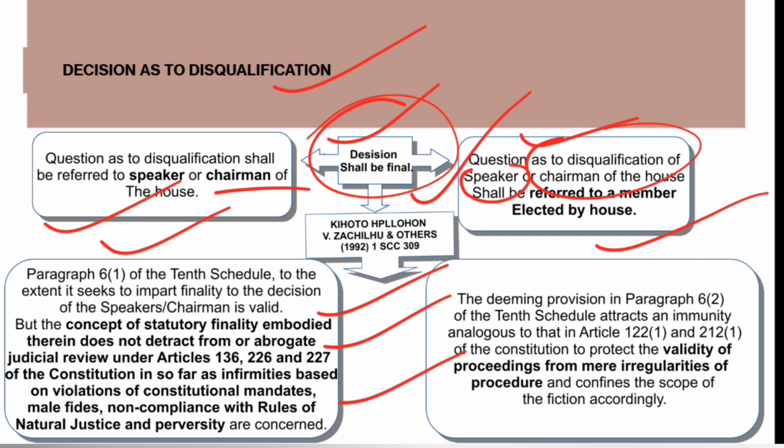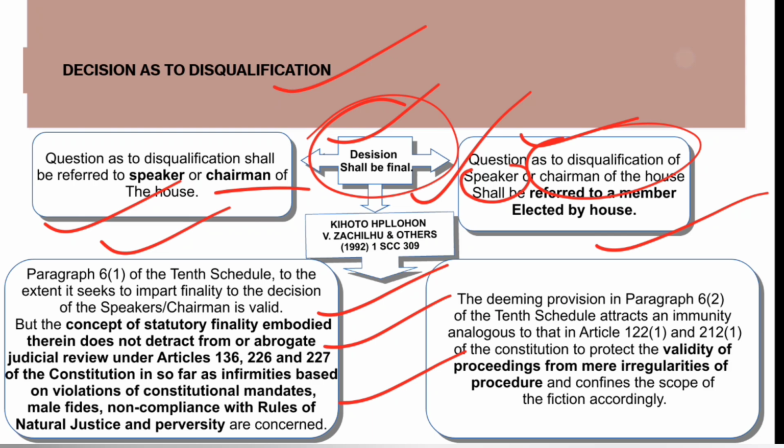So on those grounds, the challenge can still be made as per the decision in this case, that judicial review cannot be taken away, even if this decision of the Speaker or Chairman is stated and provided to be final.